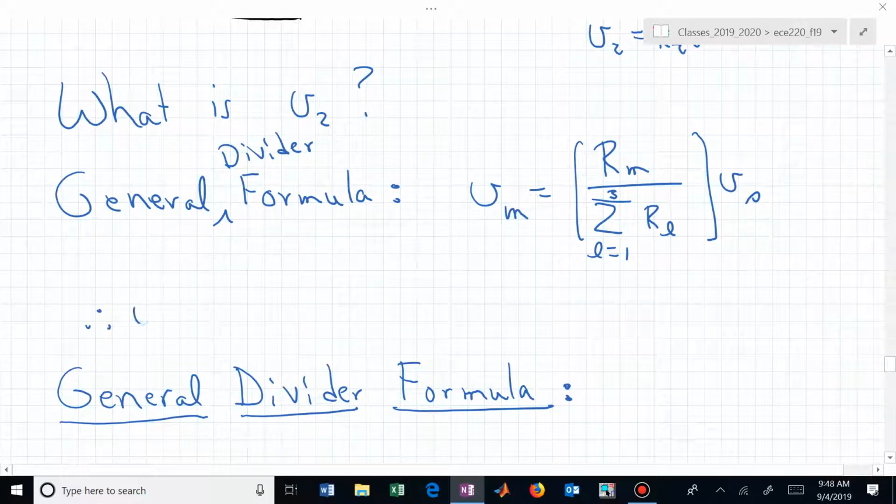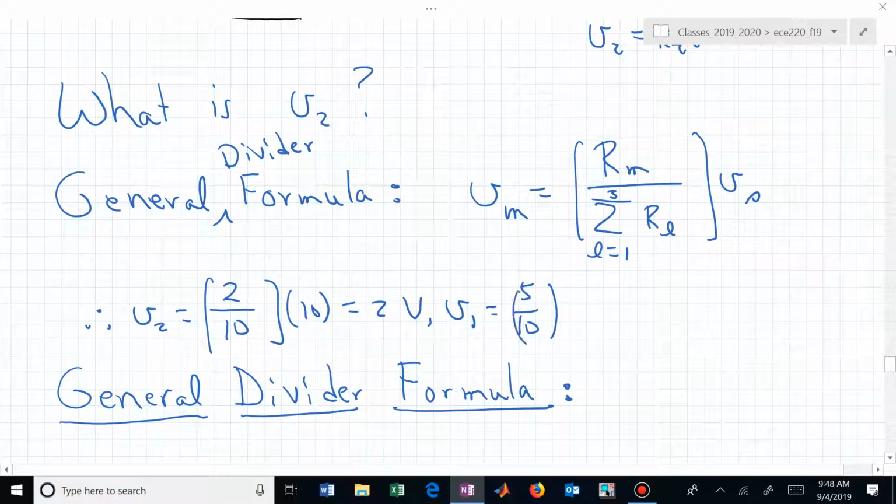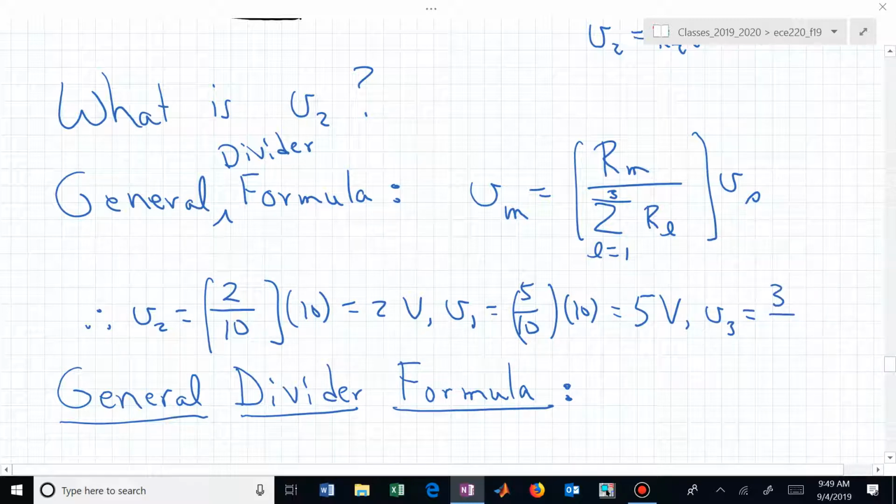So that V sub 2 is 2 over 10 times 10, which was 2. V sub 1, R1 was 5. V1 becomes 5, and V sub 3, R3 was 3, and we end up with V sub 3 being 3.